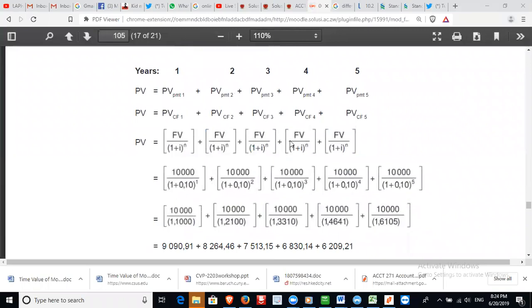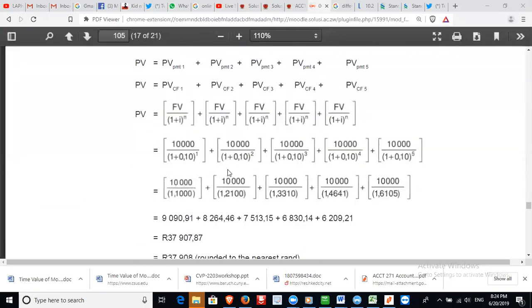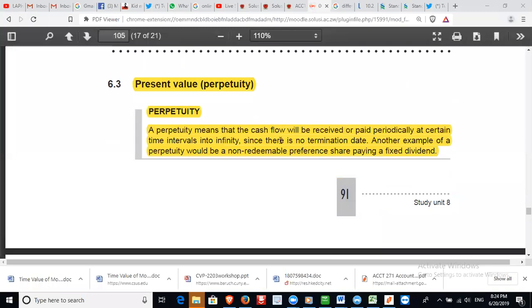So there are also other ways of calculating the PV of an annuity. And then we have present value for perpetuity.